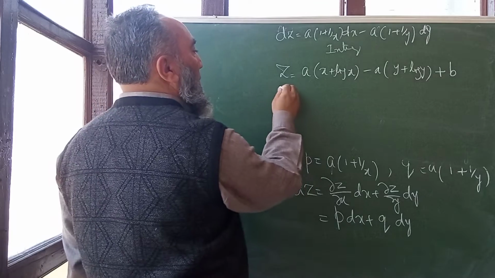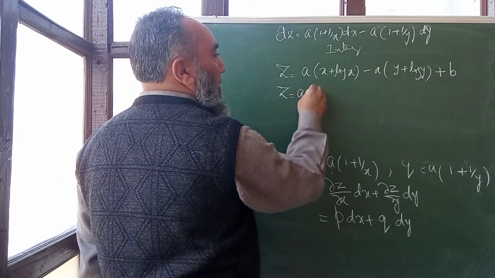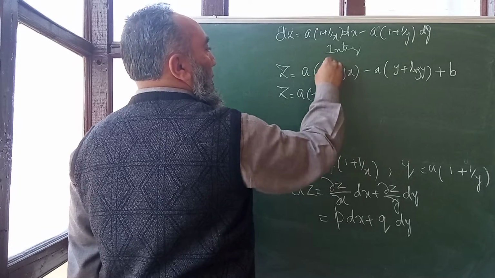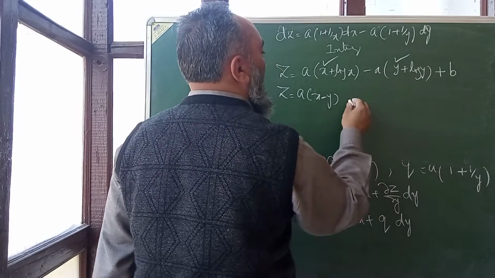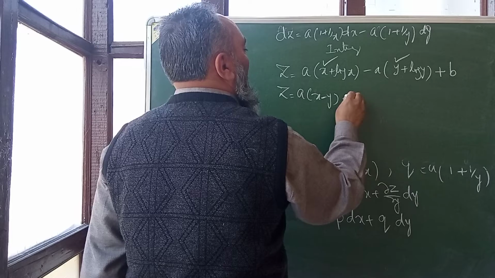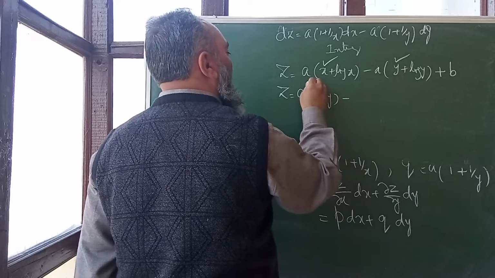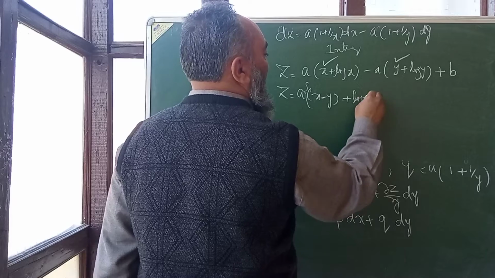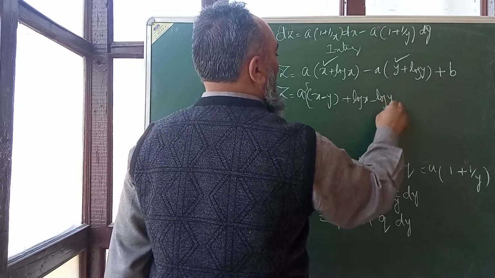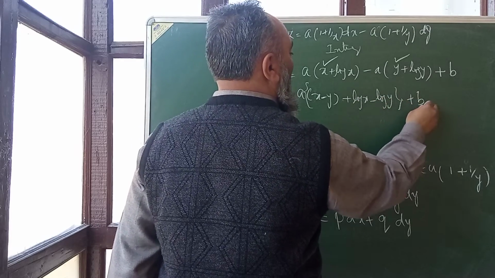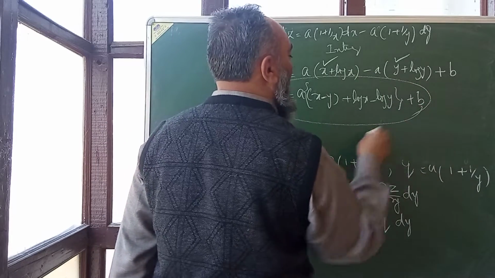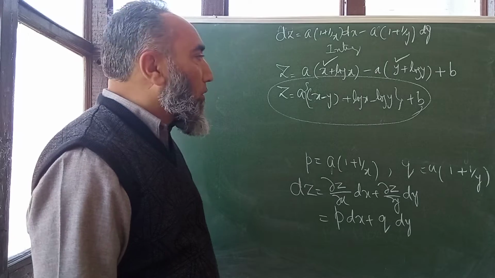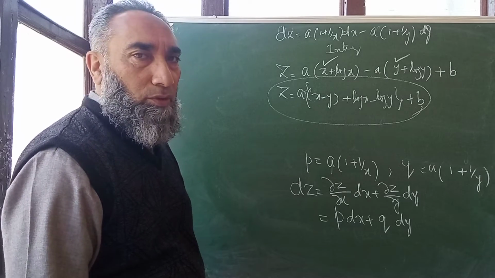Or you can write it in this form: z = a(x - y) + a(log x - log y) + b. So this solution contains as many constants as the number of independent variables. So this is the complete solution.